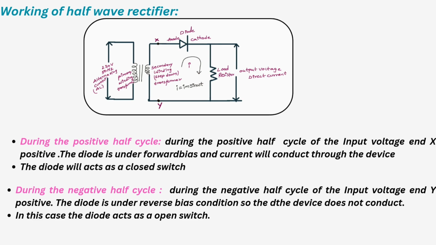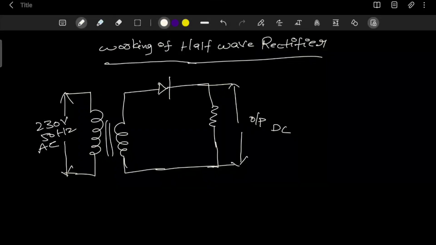As we know, when the diode is under forward bias, current flows through the load, and the diode acts as a closed switch. Coming to the negative half cycle, the diode is under reverse bias. When the diode is under reverse bias, there is no current flow and it acts as an open switch. The working of the half wave rectifier is done.